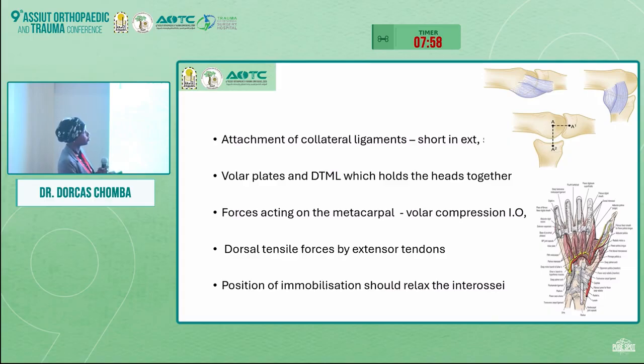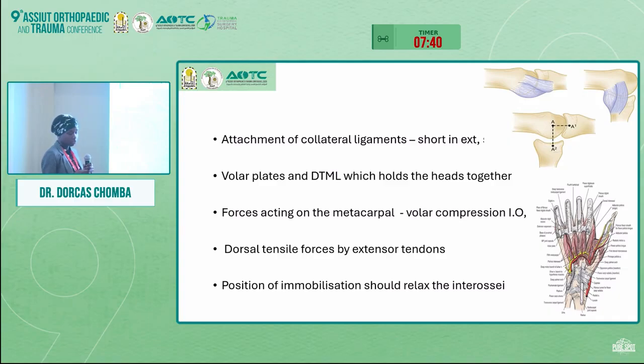That means if we immobilize in extension and it shortens, we end up with stiffness. So the ideal position to immobilize the metacarpophalangeal joint is with the proper collateral ligament in full length. The accessory one is not too affected because it's more volar.